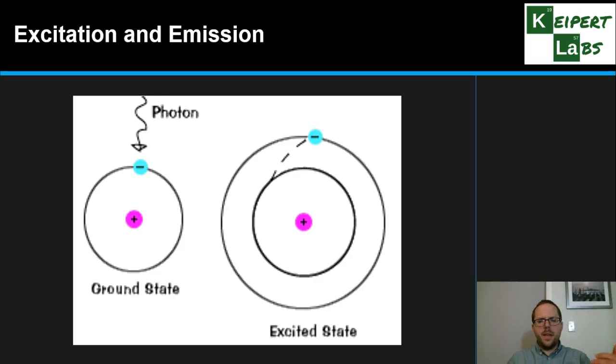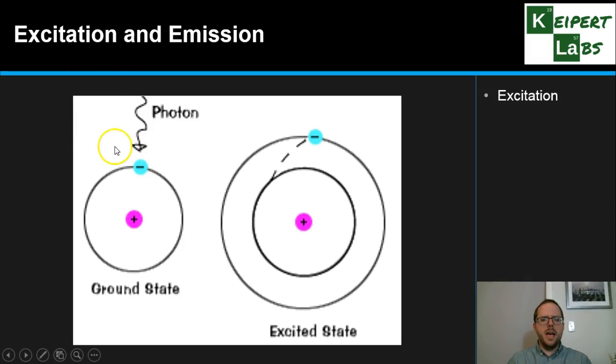Okay, so now we're going to have a look at how this process of emission of light actually comes about. How does absorbing this energy lead to light being given off? So the first thing is that we look at this process called excitation. We've got our negatively charged electron up here that is absorbing extra energy from somewhere. Now this diagram is illustrating it being from a photon of light, so absorbing electromagnetic radiation, but it could be by absorbing infrared, or by thermal conductivity or whatever.